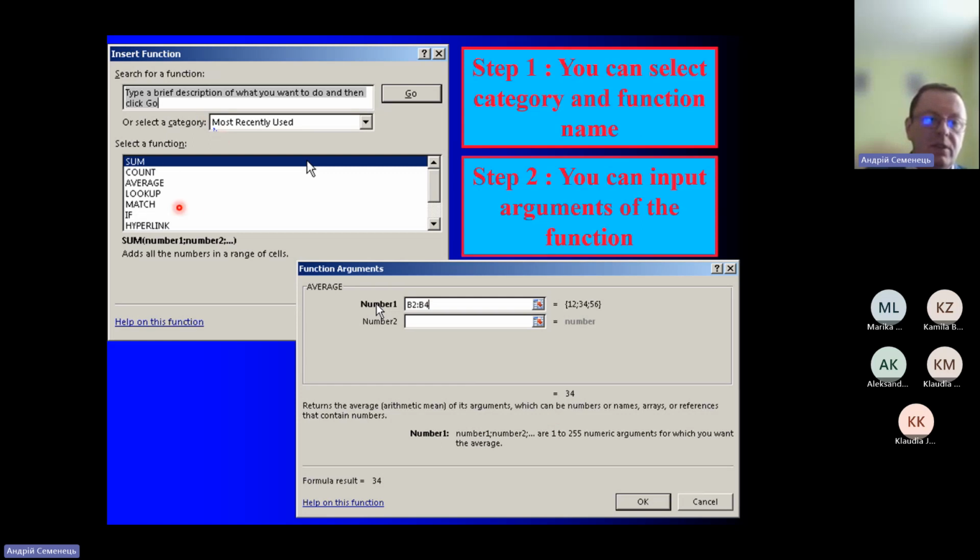First, if you don't know exactly which function you have to use, you can search, review categories, and find and select the necessary function. Second stage, you provide arguments manually or by picking from a worksheet, and at the same time you are given an explanation of what this function does and the expected results, so you can verify you are correct. A very helpful tool, and the spreadsheet has something similar.